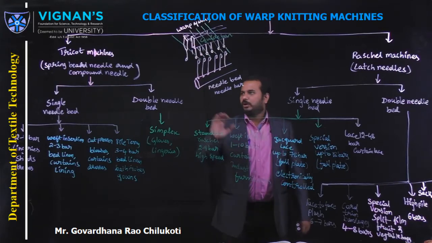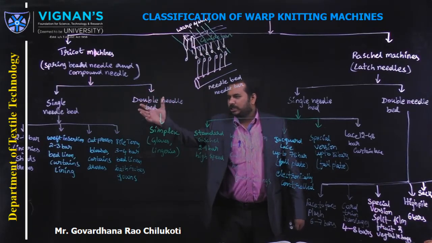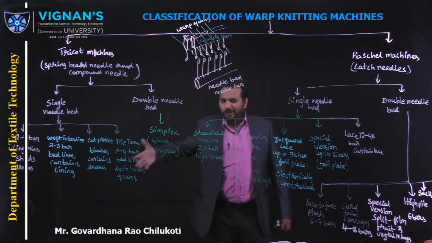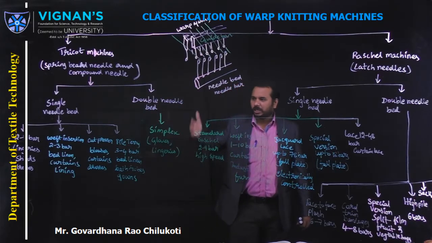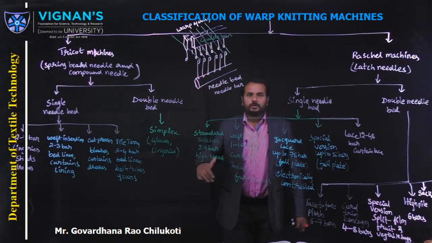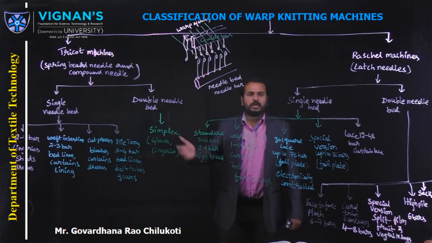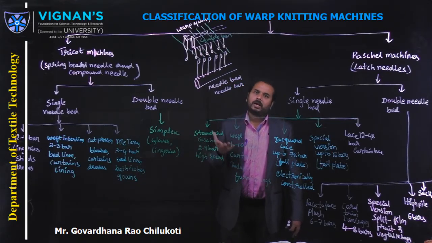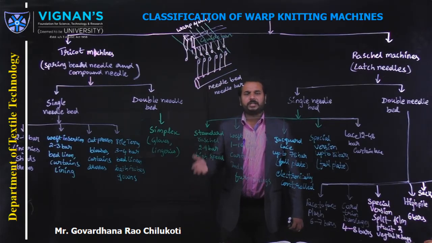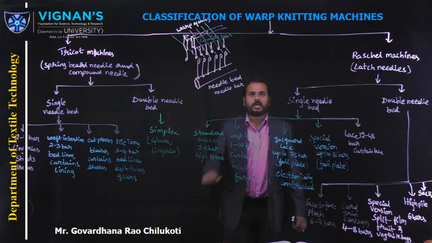If you see the tricot machines, specifically we are using them for bed linen cloths and curtains and all. Also, in the case of technical textile applications like agriculture shade nets, they can also be produced in this category.